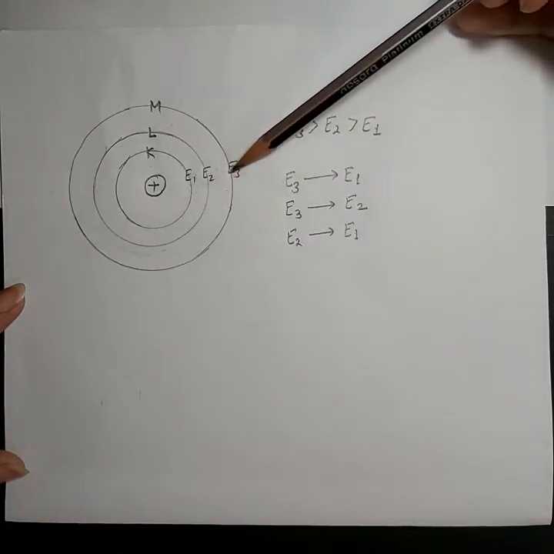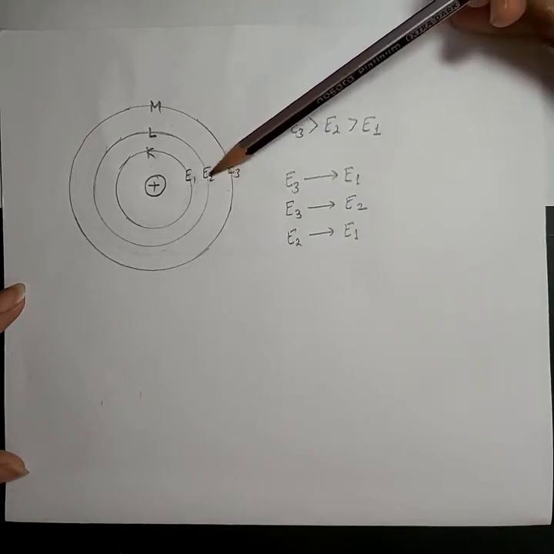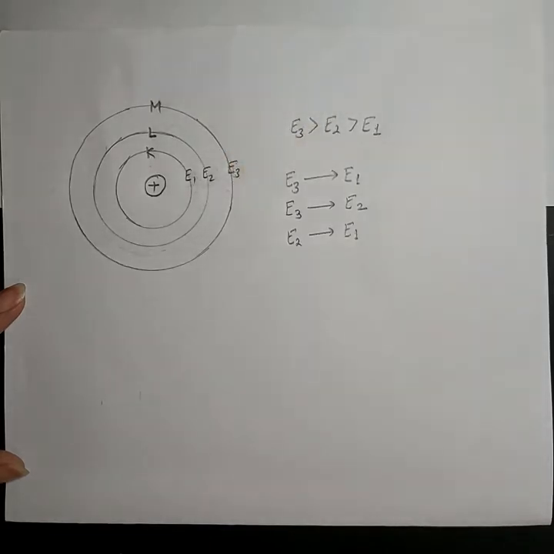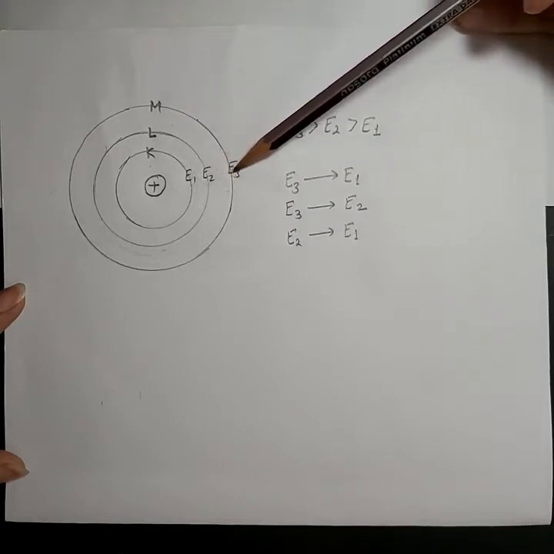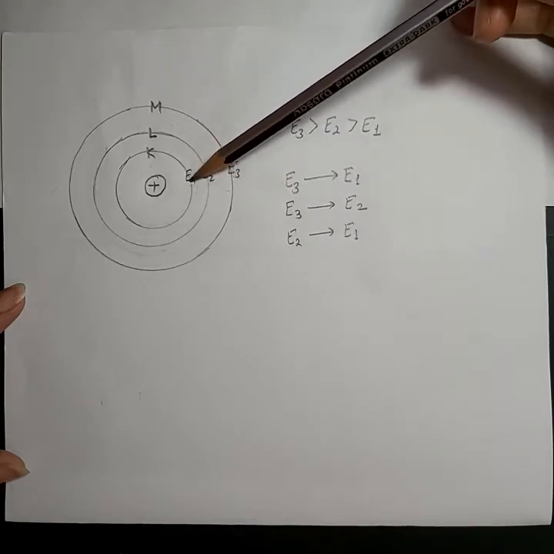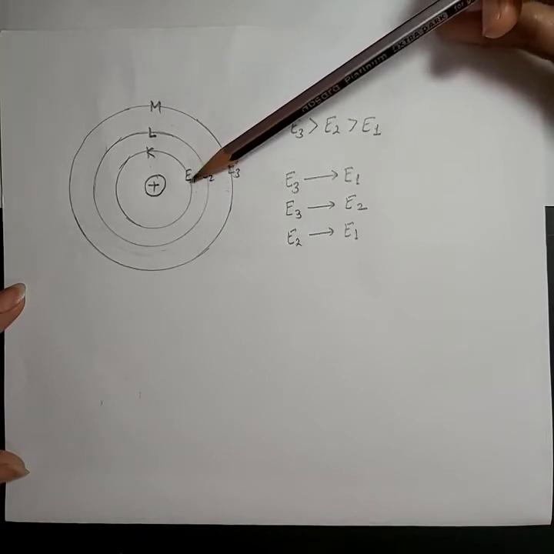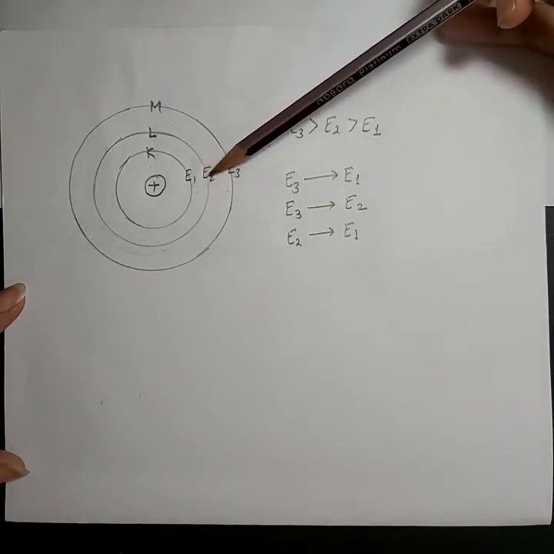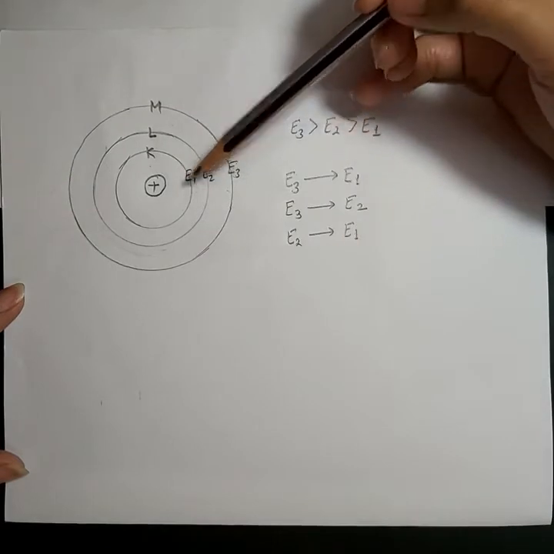Similarly, if the electron is going from E3 to E2, in that case also one spectral line will form, but that spectral line will be different from the first one, because the energy difference between E2 and E3 is different from the difference between E3 and E1. Okay. And similarly, if the electron is going from E2 to E1, then we will have a third type of spectral line, because the energy difference between E2 and E1 is different.